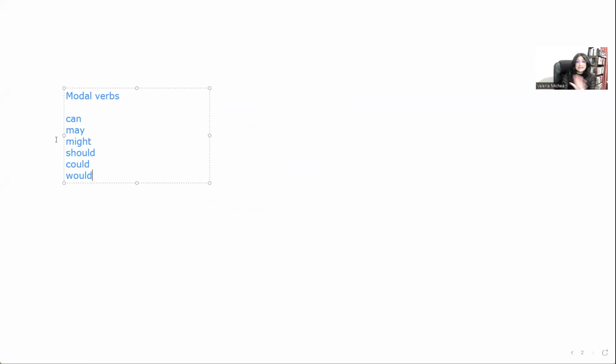So you can never add an S at the end of can, for example. So I can say, I can walk, and I have to say, she can walk. Okay, so no changes, no S at the end of the verb, no do or does. That's not necessary. These are the only exceptions, though. We don't have more exceptions than these ones.